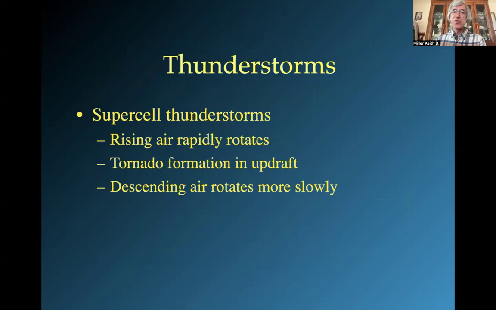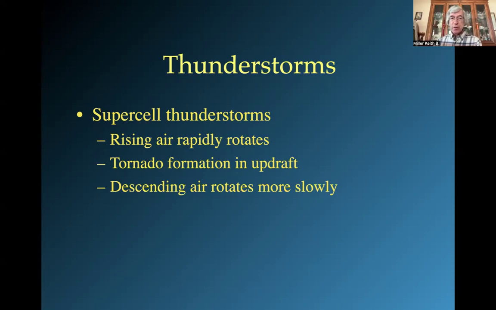There's a certain subset of thunderstorms called supercell thunderstorms. And in these, you have the same rising, moist, warm air and falling, cooler air within the storm. But the difference here is that those updrafts and downdrafts are rotating.